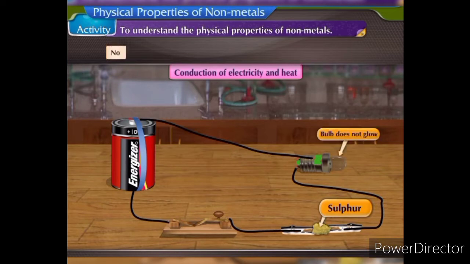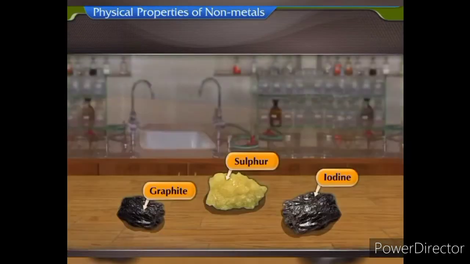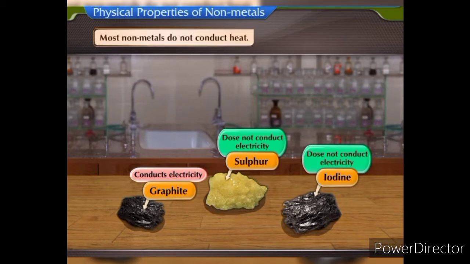No, the bulb does not glow when sulfur is inserted in the circuit. This shows that graphite conducts electricity while sulfur does not. Similarly, iodine too does not conduct electricity. In the same way, most non-metals do not conduct heat.